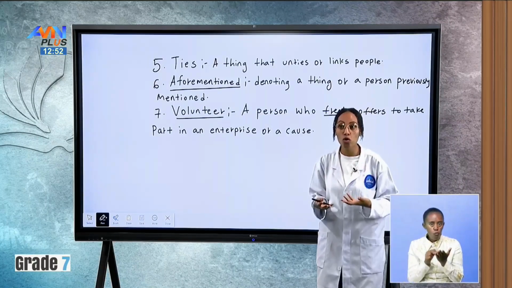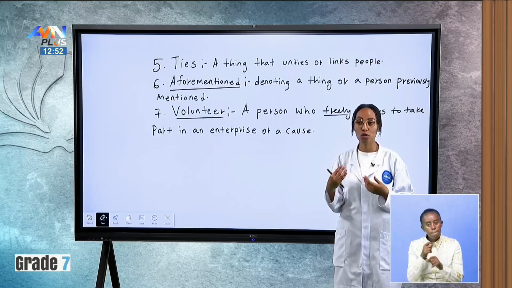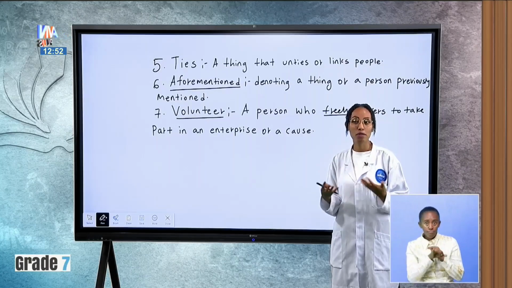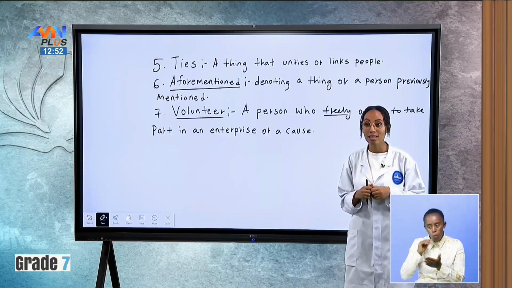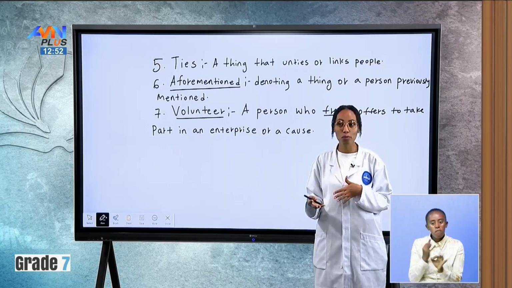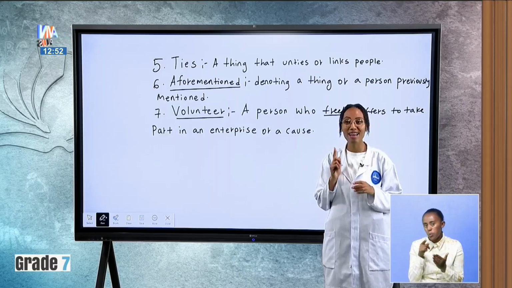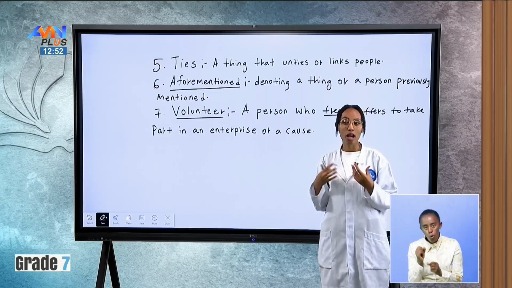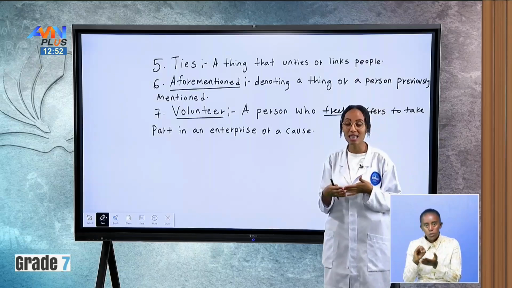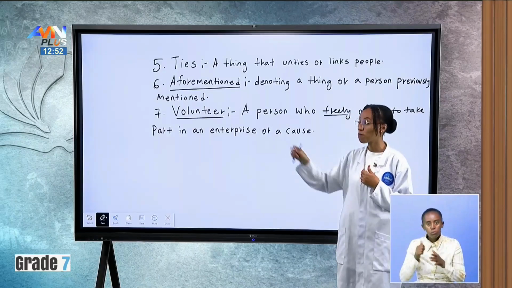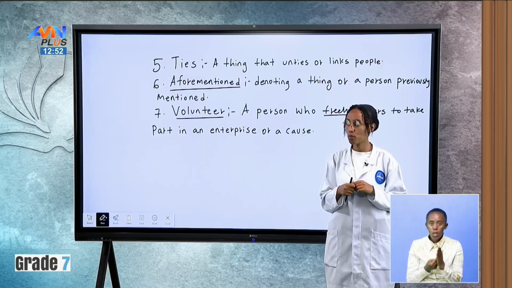You could also, with your peers, clean your neighborhood on the weekends when you are free from school. That is one volunteering thing that you could do, and you're also helping your environment, helping your community, helping yourself. So volunteering, as you have seen in this unit, is very important.